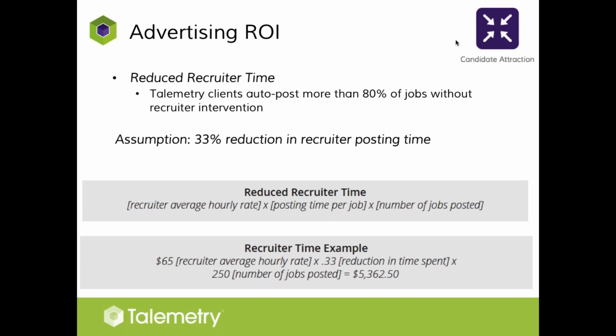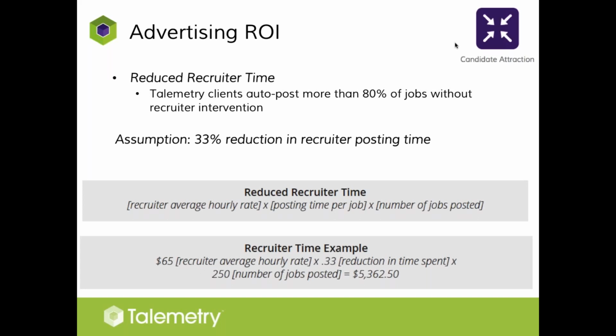How much time is it actually taking you to post that job? And then you just basically take the following. You take their average hourly rate, you multiply that by the time they're taking to post a job, and you multiply that by the number of jobs they're posting, and that's your cost. So if you can see a reduction in that, you want to add into that, multiplying by that reduction.